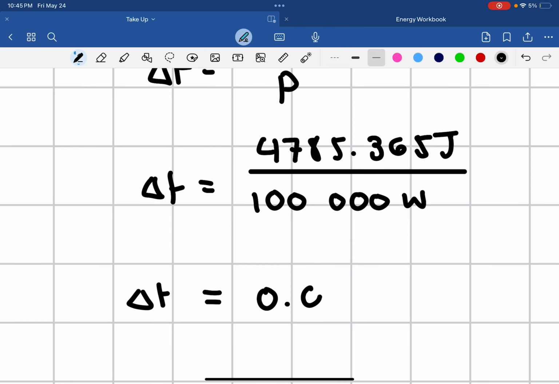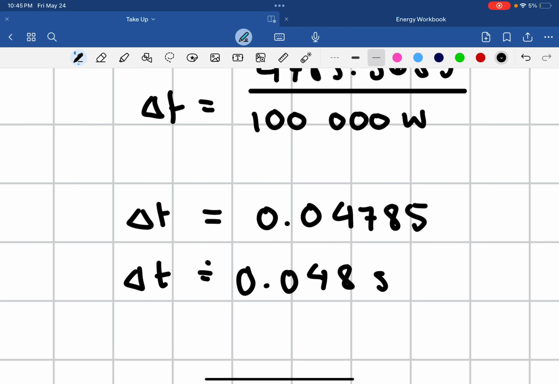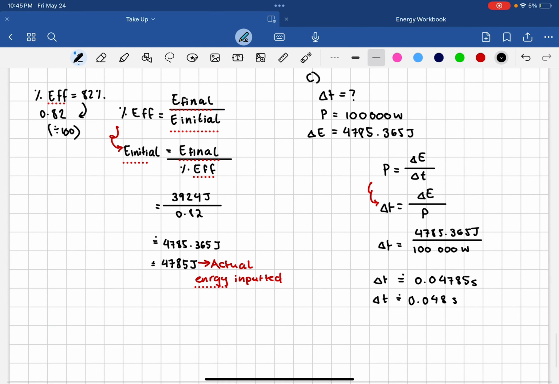Our number is looking at approximately 0.04785, and we can round that to 3 significant figures, and that will look at 0.048 seconds approximately. And that's pretty much it.